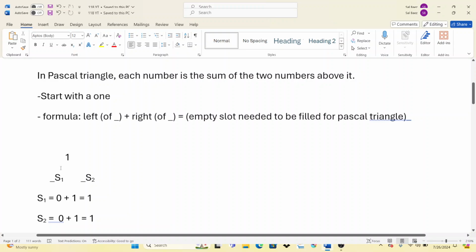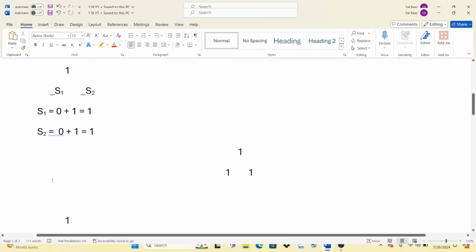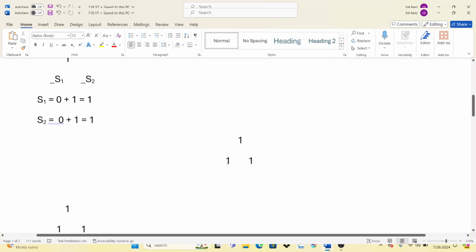This part here, S1 and S2, these are just slots that you have to fill in. Basically our goal here in Pascal's triangle is to figure out where the numbers come from. Going from n equals 2, how did you get a 1 and 1, for example? That's what we're going to explain today.